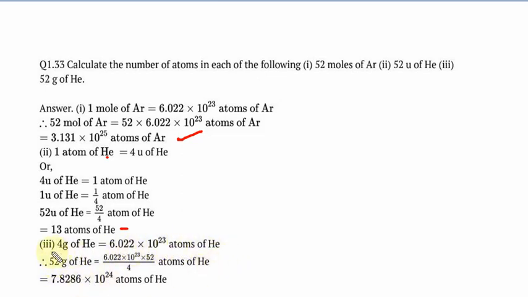So अब यहाँ पे क्वेश्चन अराइज होता है कि 4 ग्राम ऑफ हीलियम how it's equal to this, because as we know 1 mole is equal to Avogadro's number of atoms, equal to atomic mass of that element. So helium का mass यहाँ पे 4 grams है, that is why these are equal. Now 52 grams, we divide by 4 and multiply by 52, so hence these are the number of atoms in case of the third part.